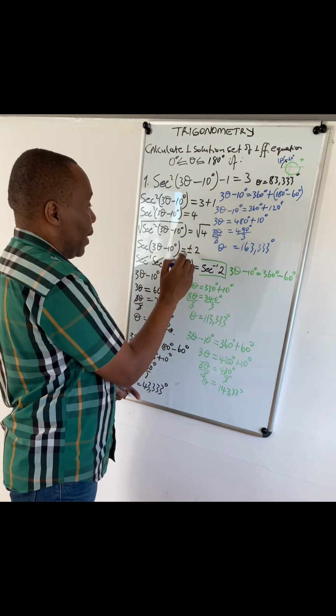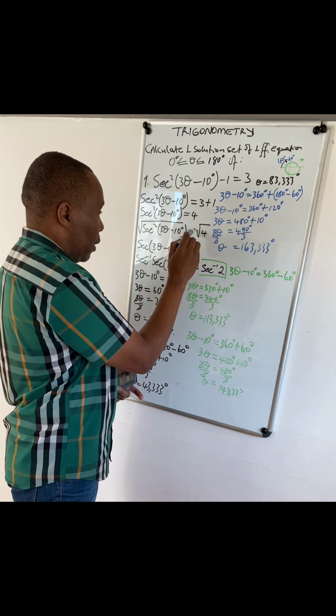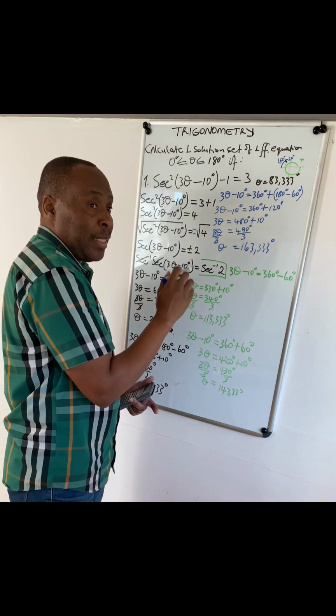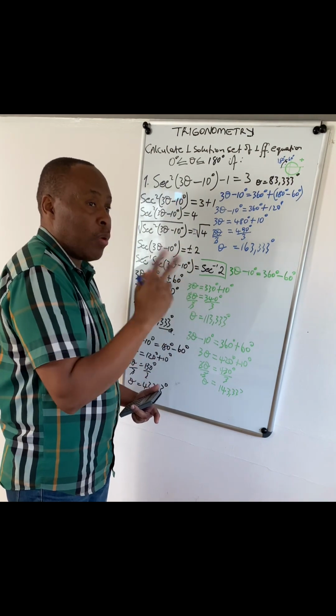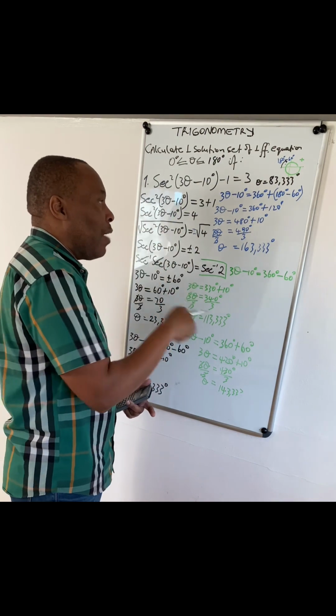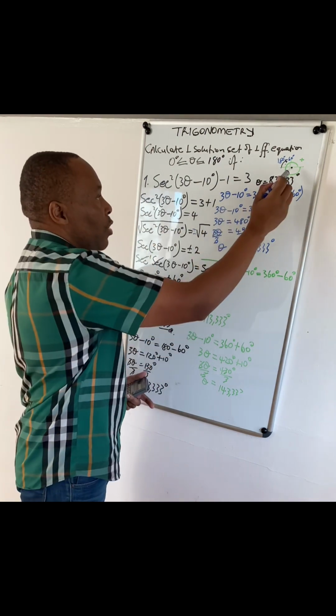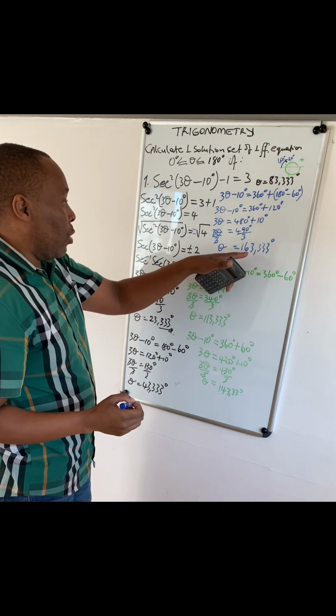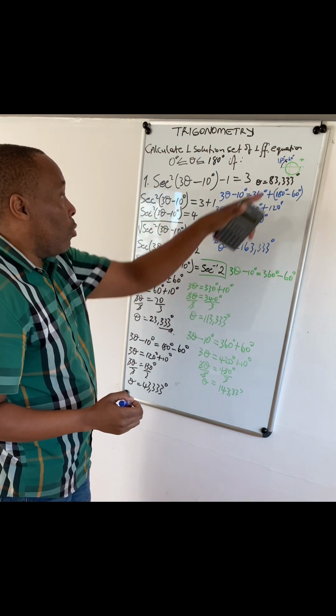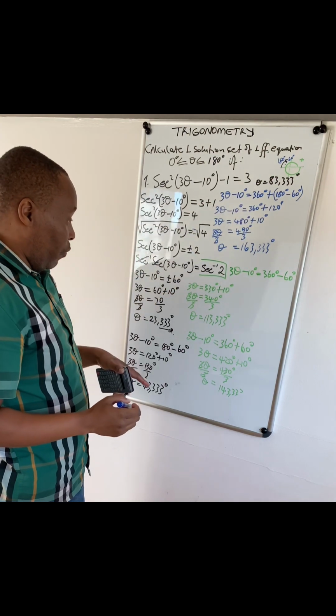But here we are given the minus because of this here, so even the negatives are included as 2 angles. So it covers 2 thetas, but we are left with 1 theta, which covers 2 angles here. So theta is equal to 163.333. So we covered all of them.